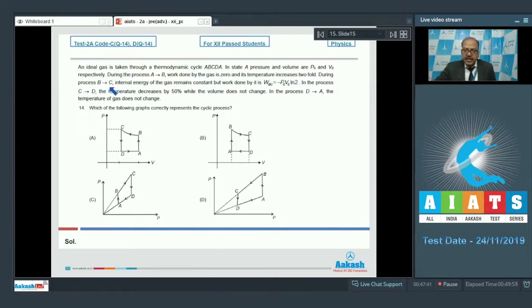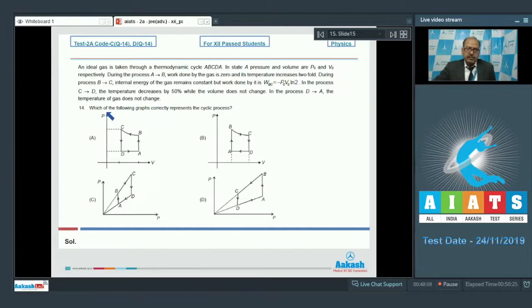During process BC, internal energy of the gas remains constant, but work done by it is WBC equal to minus P0 V0 ln 2. In the process CD, the temperature decreases by 50 degree while the volume does not change. In the process DA, the temperature of gas does not change.